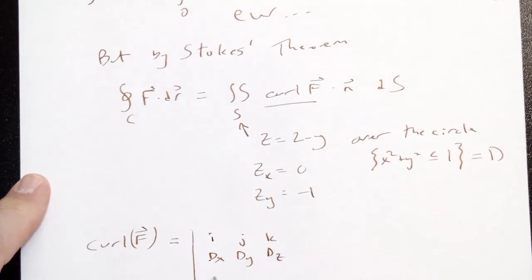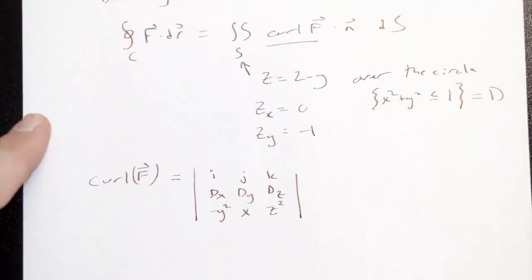Now I need f. Wait a minute, I wrote down f. F is minus y squared, x, z squared. So let's do that cross product.